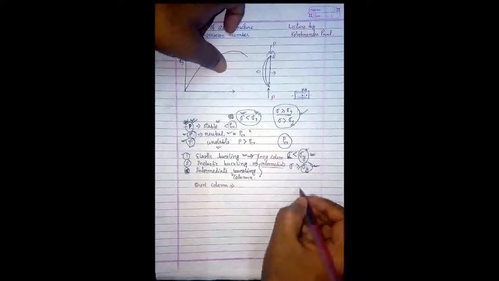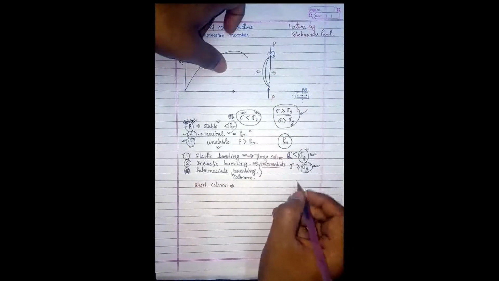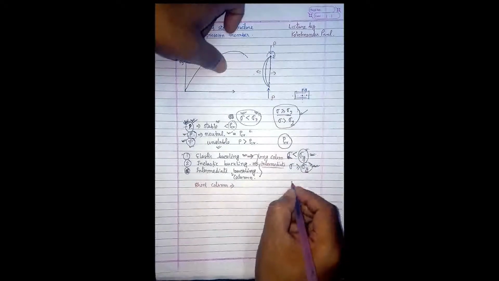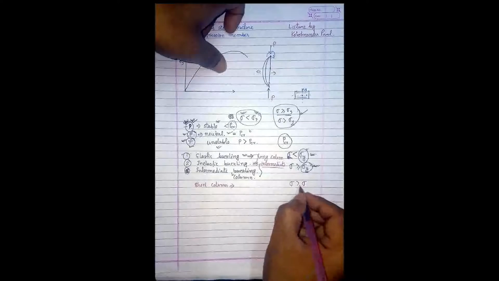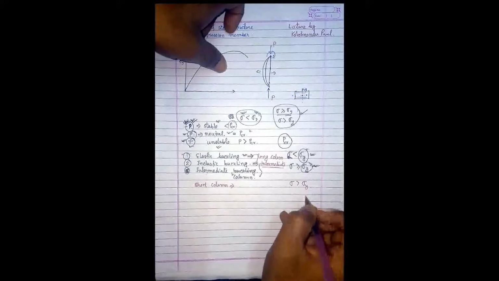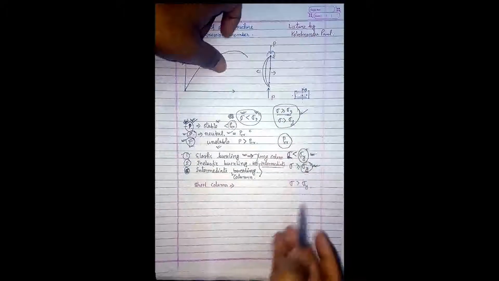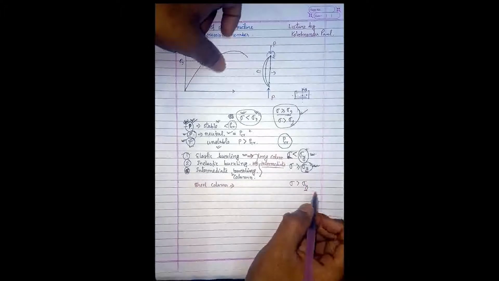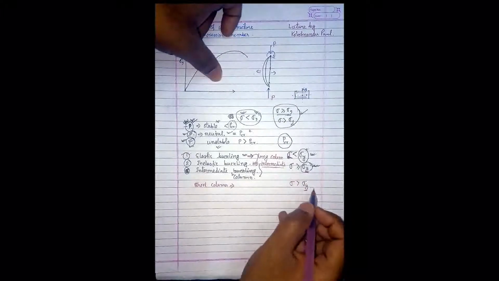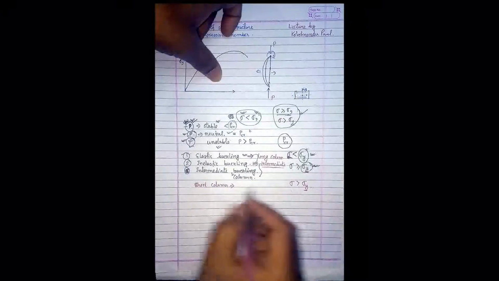If we keep increasing the load, there will be a time when the stress on every fiber will reach sigma y. Each and every fiber on this cross section will reach sigma y, that means yield stress. That means the material will fail before the geometric failure in the case of a short column.